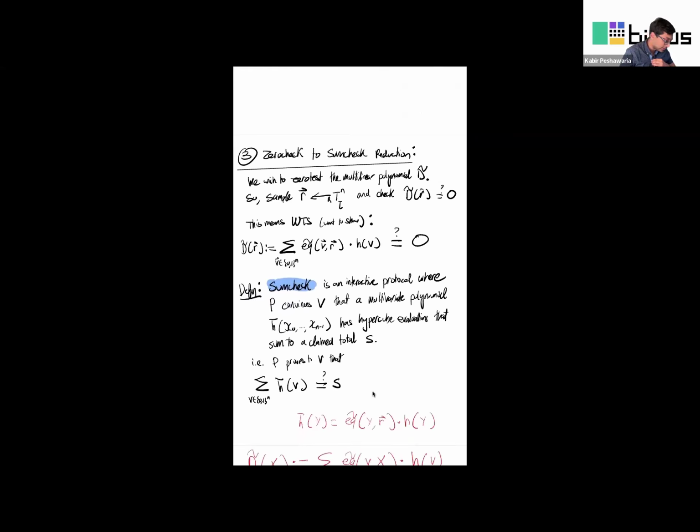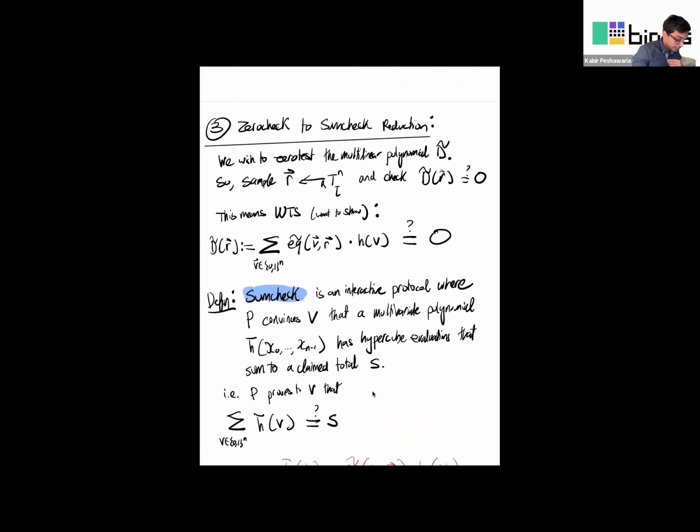let's accelerate to the final section. This is the Zerocheck to sumcheck reduction. Mathematically, what we want to do is zero test this multilinear polynomial d tilde. The way we'll do that is we'll sample a random challenge vector from some cryptographically large field. This is T tau, the tau-th binary tower field.